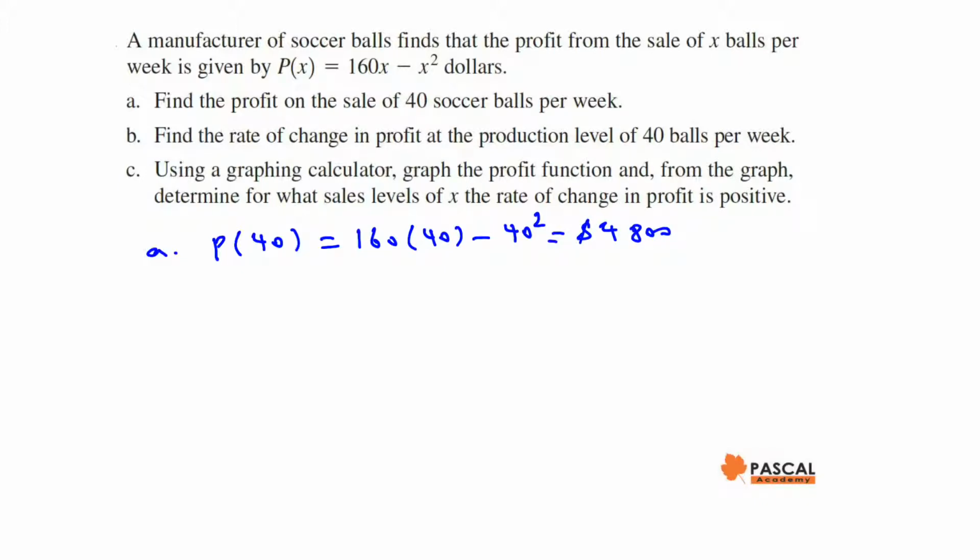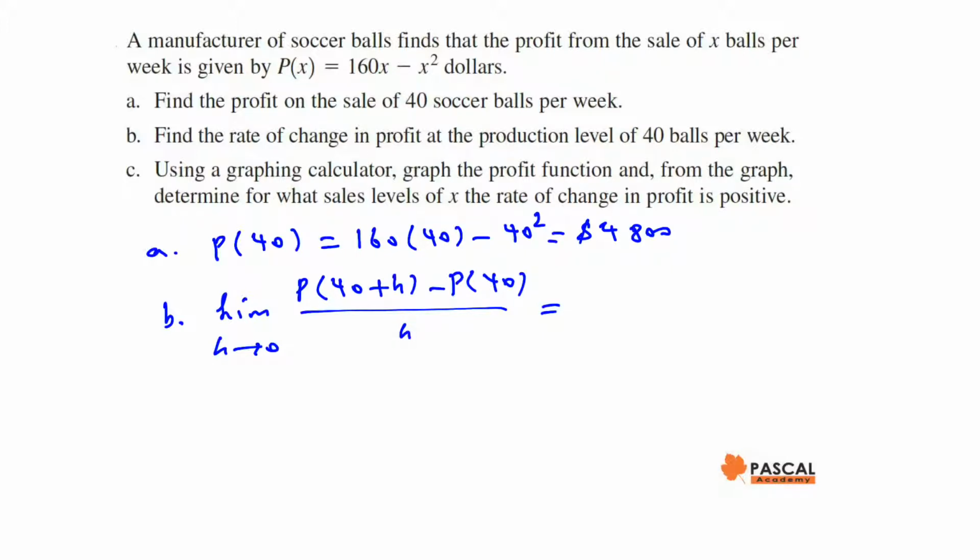Part B, find the rate of change of the profit at a production level of 40 balls per week. The answer to part B is the instantaneous rate of change of P with respect to x when x is 40, which is the limit of P of 40 plus h minus P of 40, divided by h as h approaches 0.